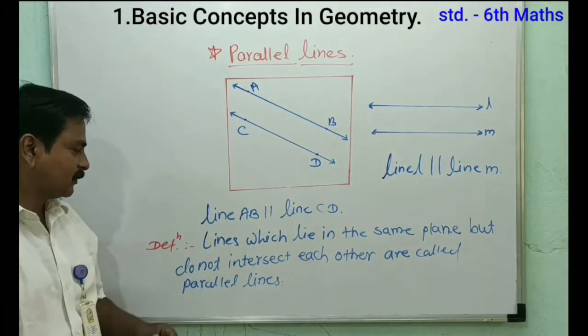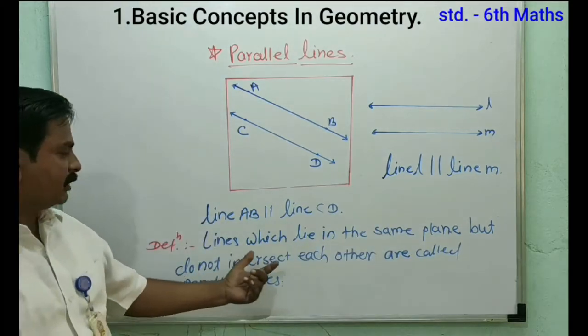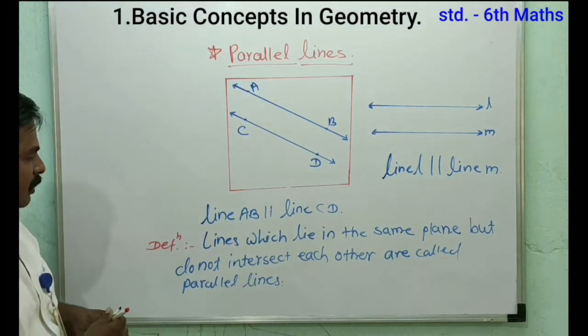Now student, lines which lie in the same plane but do not intersect each other are called parallel lines.